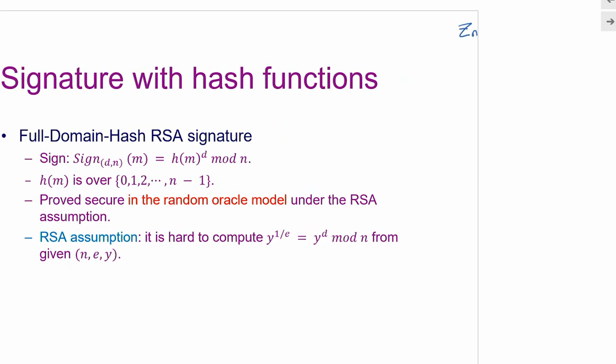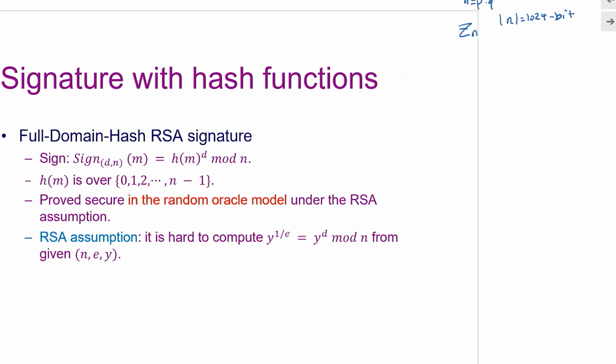And n is a huge integer where n is equal to p times q, right? So sometimes you say that n is roughly 1024 bits, right? So it's a very basic one.